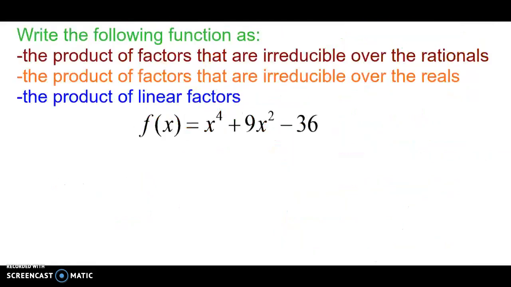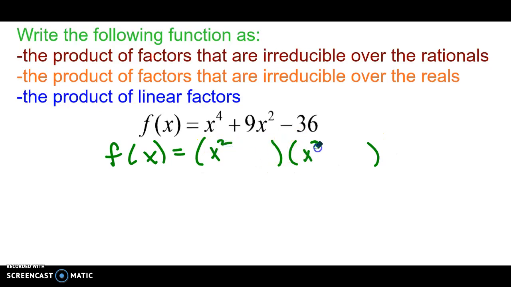Last example. We are going to write this function as a product of factors that are irreducible over the rationals, then factors irreducible over the reals, and then a product of linear factors. Let's start by going through it. Multiply out: x squared, 3 times 3 is 9, we should get plus 12 and minus 3.